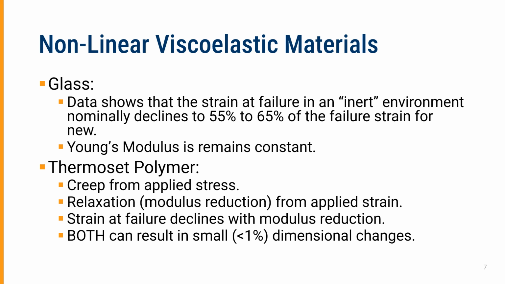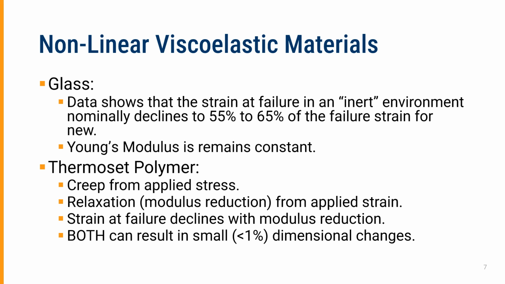The thermoset polymer sees creep from applied stress, so you get a small amount of dimensional change, and relaxation, which is modulus reduction from applied strain.